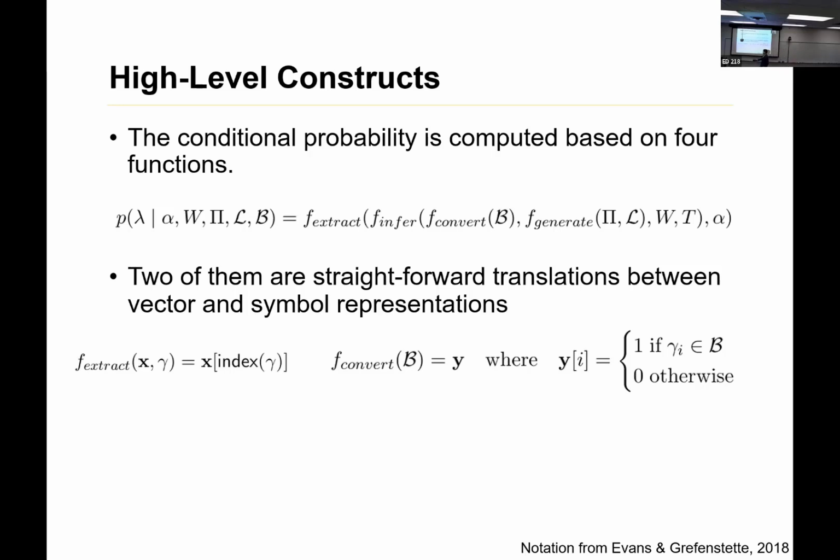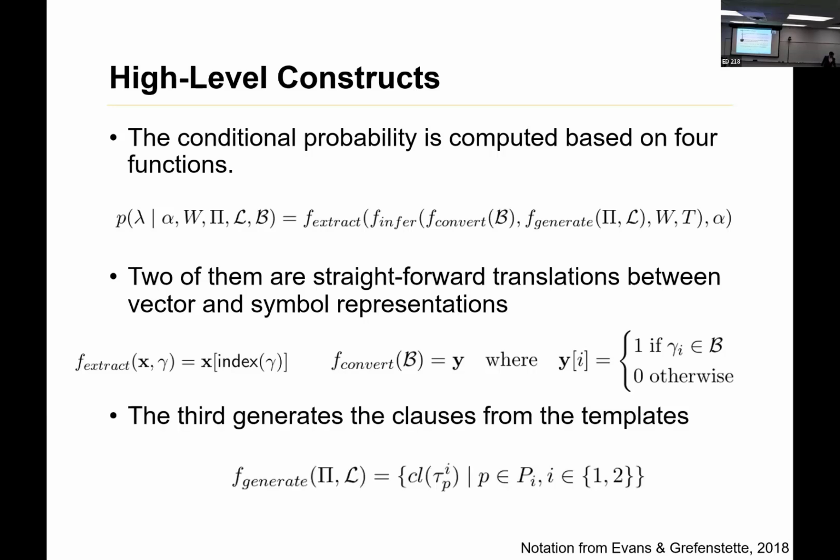This is just giving you the value for that ground atom in vector X. This is taking a set of facts and giving you a vector where for everything in the set of facts, the associated position is 1, and if it's not in the set of facts, it's 0. It's pretty simple.